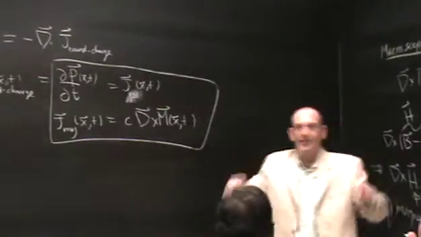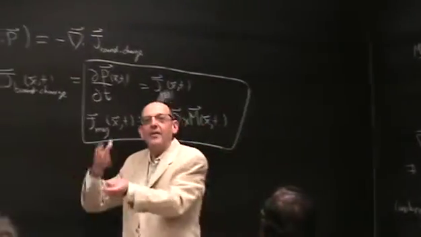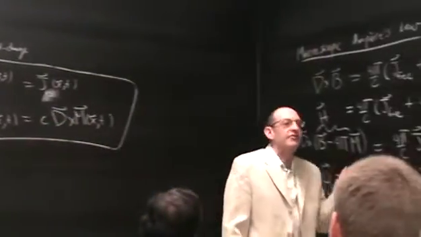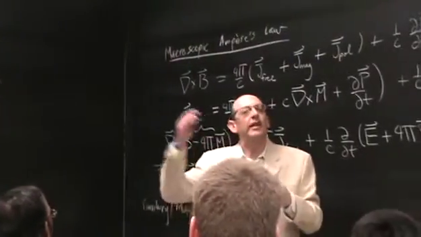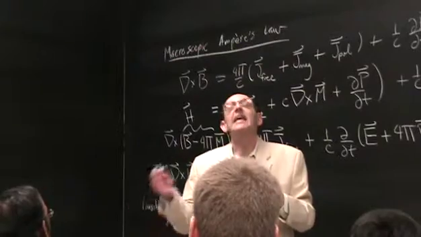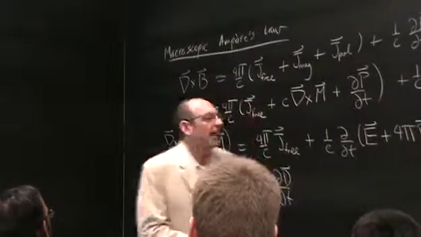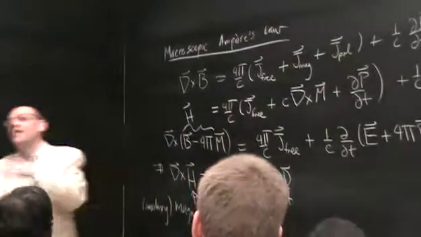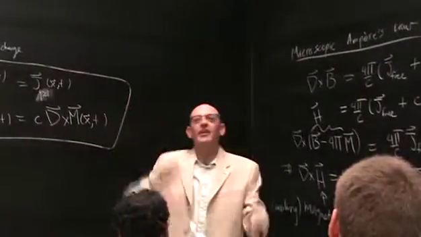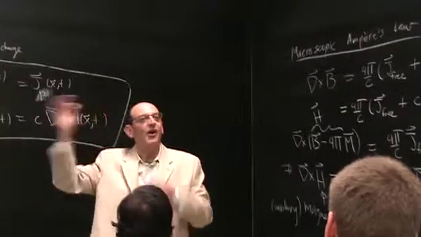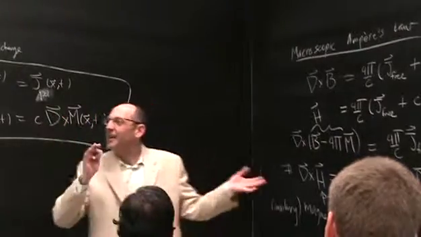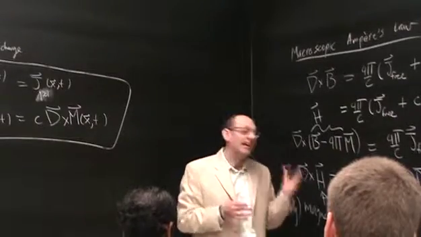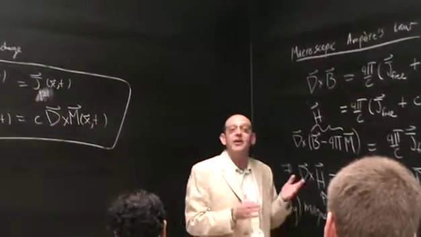You hook up a battery and the charges come, some are bound, some are free. So you don't typically control that. That's why the E field is the more natural thing, because E is related to the voltage, and H is related to the current. So if you're an electrical engineer and you think about current-voltage relations, E and H are like volts and current. That's why you always see electrical engineers talk about E and H.